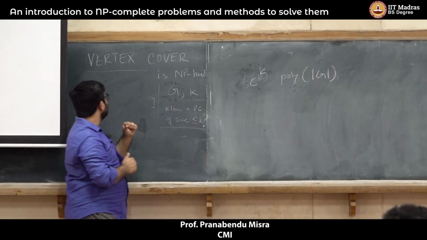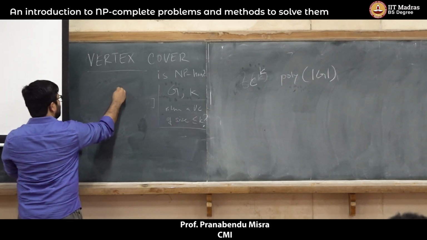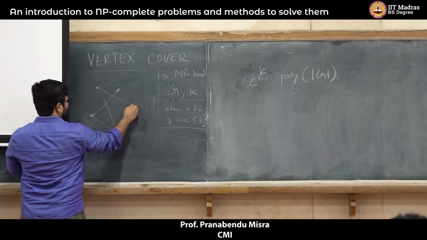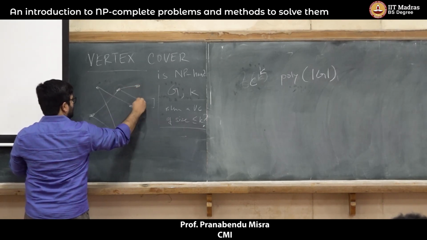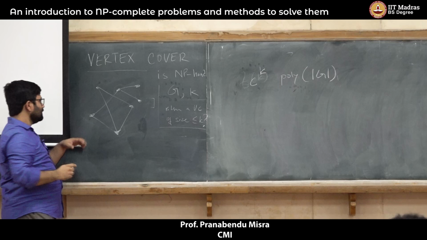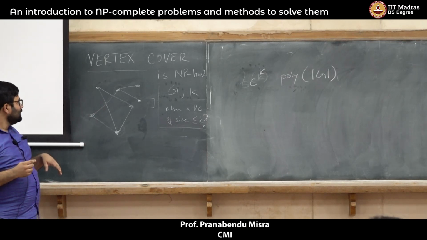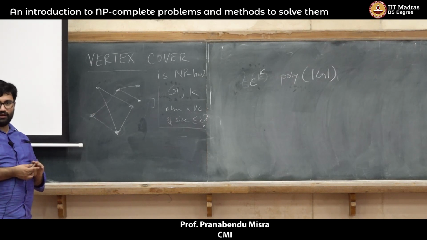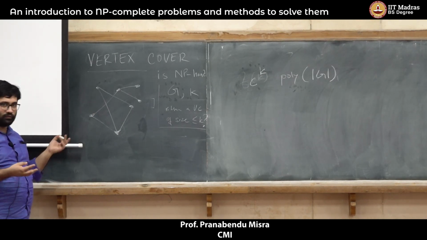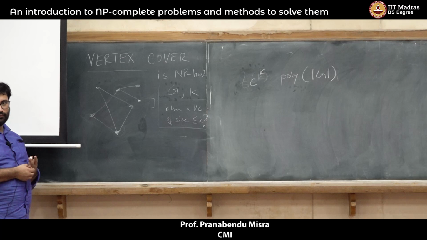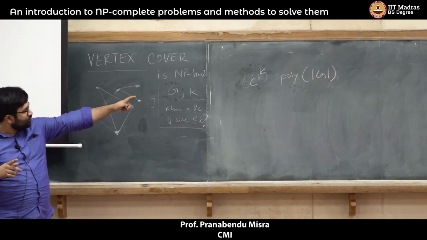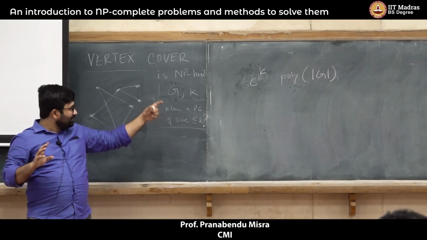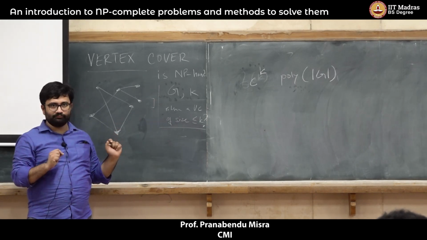So what would be a simple example? Let me draw that again, or maybe a different example. So this is your graph. You are asked, is there a vertex cover of some size k in this graph? What would be a very natural way of doing this? And notice that here the solution you find will be the optimum solution, or at least a solution of size at most k.